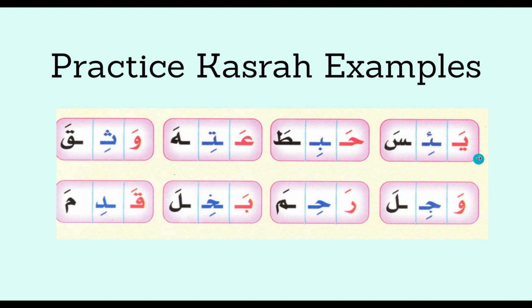So let's try, and we're going to do as we did with the examples of Fatha. We're going to read the red, the blue, and join red and blue, and then the black letter, and then join all of them as one word. Let's try.